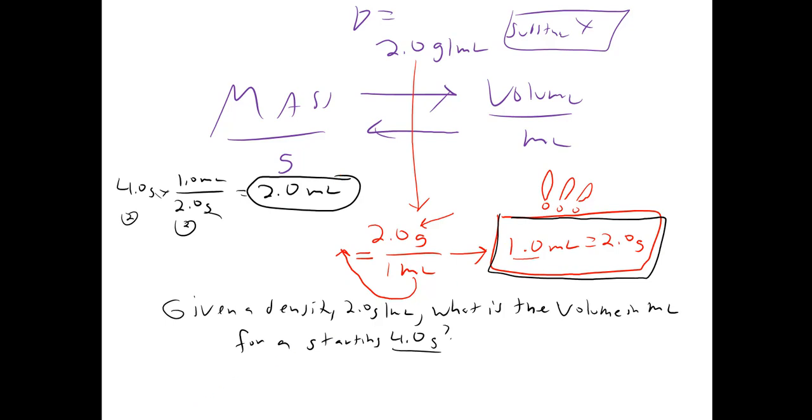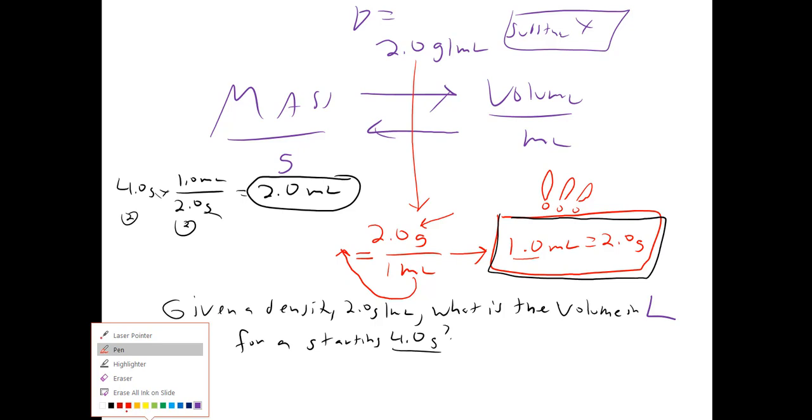Now I can make this harder and ask you to do an additional conversion. So instead of maybe mils, maybe I could ask you to do liters. And I'll use a different colored pen. I'll use green.